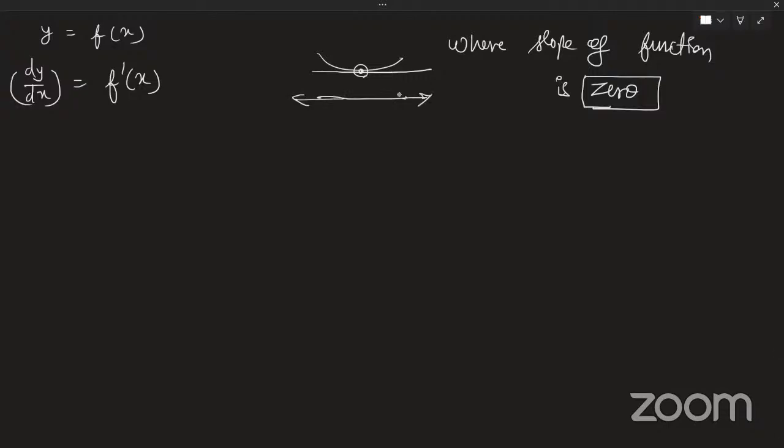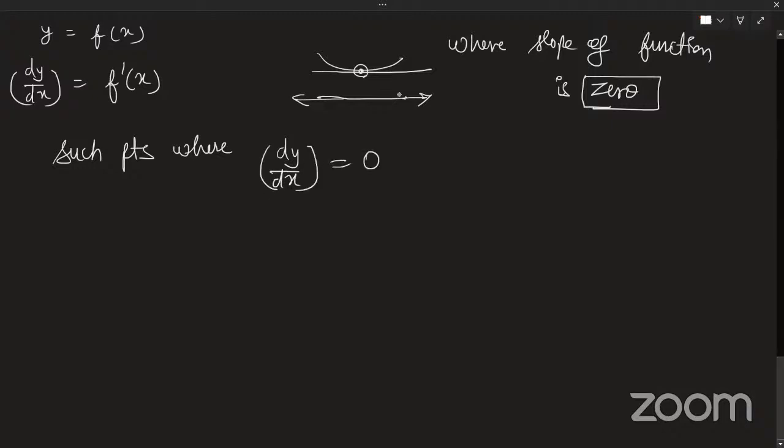Such points, where dy by dx turns out to be 0, are called critical points.